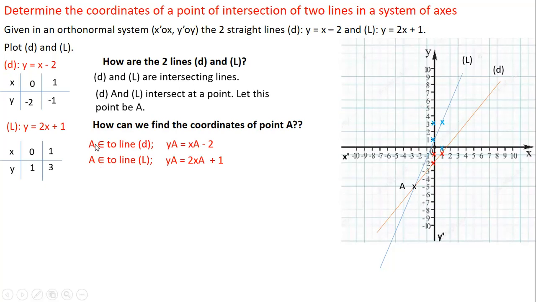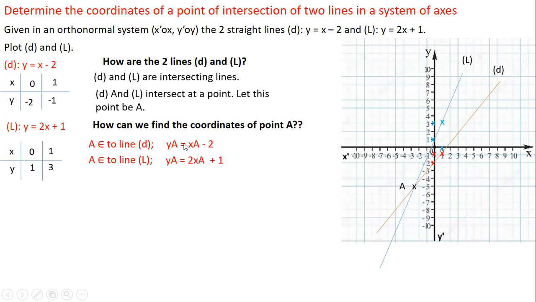So A belongs to line D, then the coordinates of A satisfy line D, YA is equal to XA minus 2. Also, A belongs to line L, then YA is equal to 2XA plus 1. What do you understand from both equations, this one and this one?